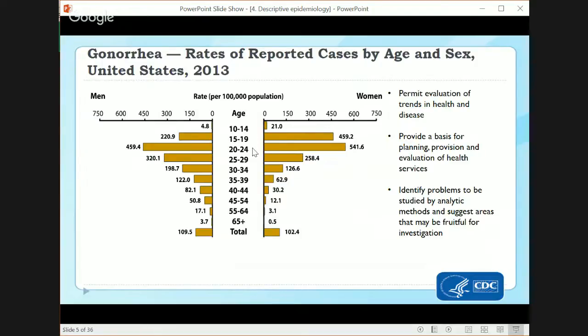Women having higher rates of gonorrhea at the age of 20 to 24, and then mostly men having higher rates of gonorrhea after the age of 24.